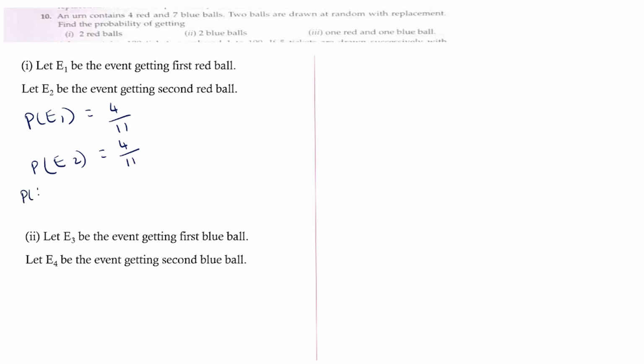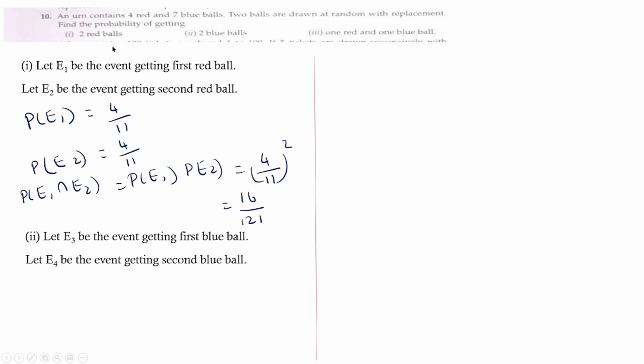So probability of E1 intersection E2, since these two events are independent, is probability of E1 into probability of E2. So it is 4 by 11 the whole square, which is equal to 16 by 121.